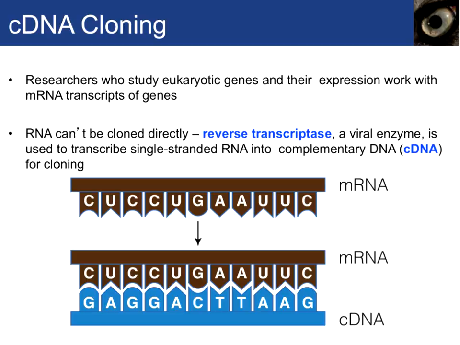So researchers who study eukaryotic genes and their expression work with messenger RNA transcripts of the genes. The reason they use messenger RNA instead of the DNA in the genome is that messenger RNA has already had the introns spliced out. So remember that in eukaryotic cells, the messenger RNA is processed before it's translated into a protein.